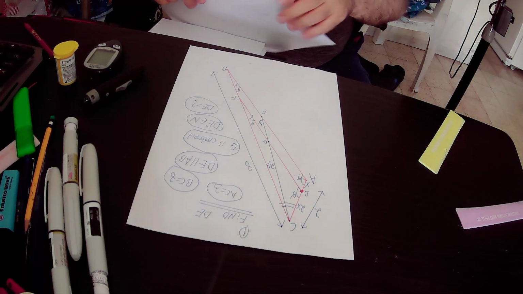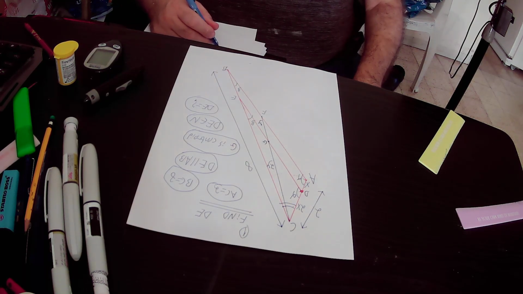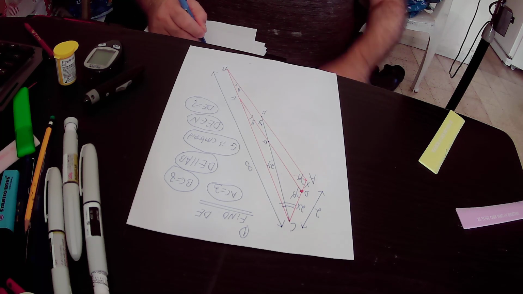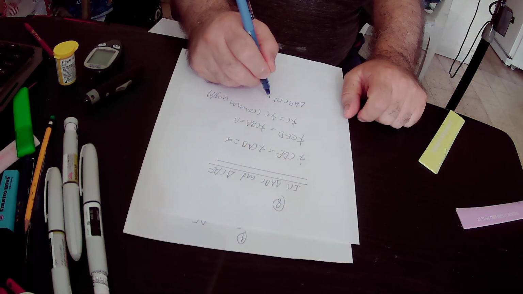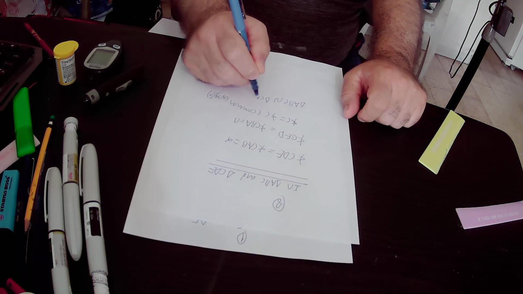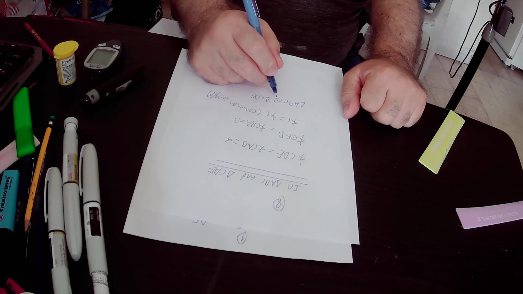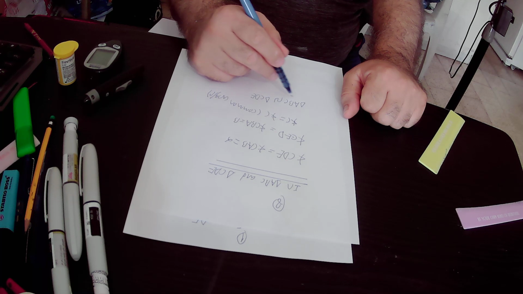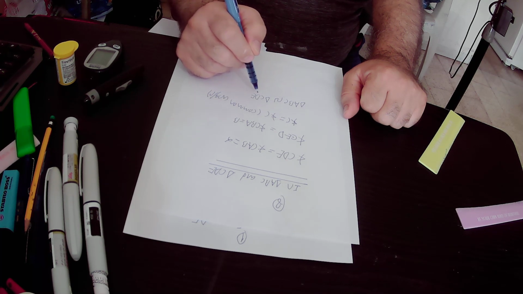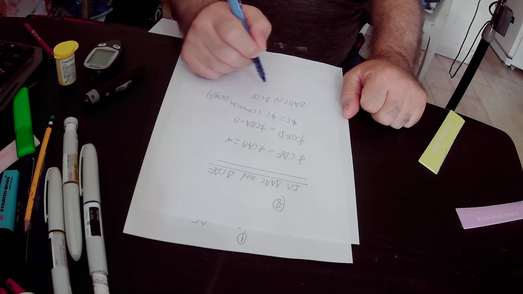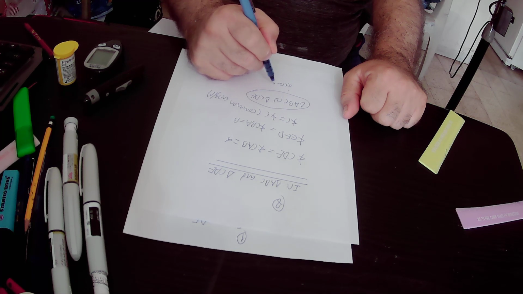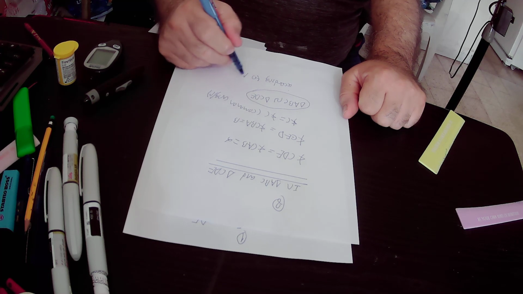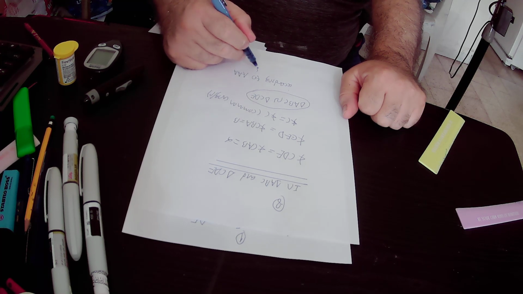Okay, triangle ABC is similar to triangle CDE. This is the sign of similar.